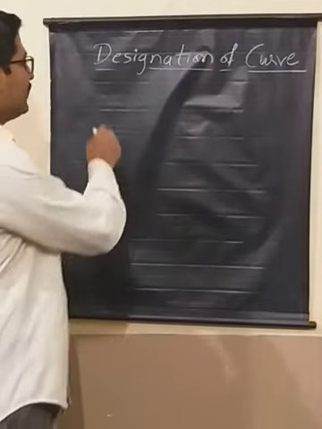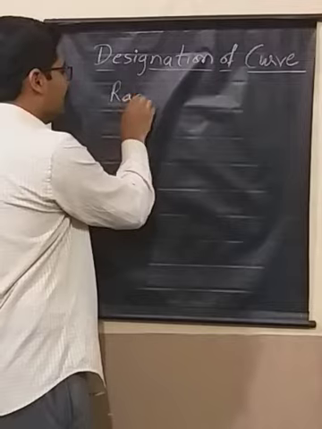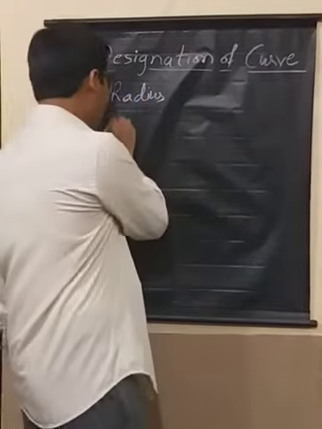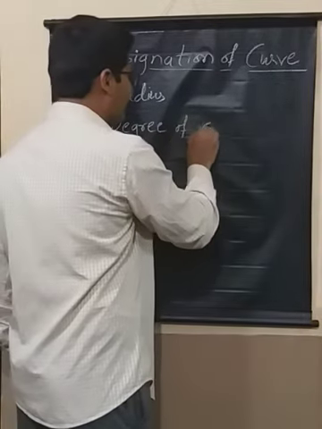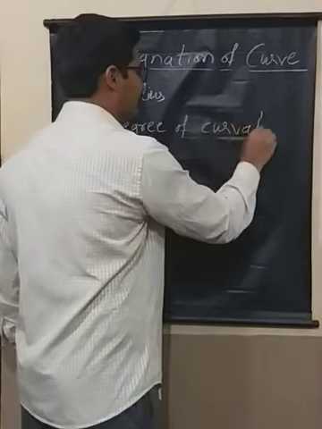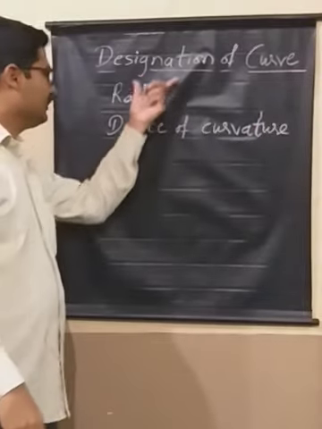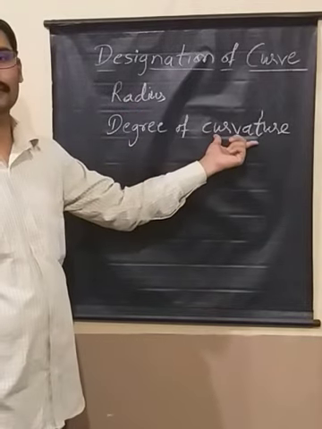We recognize the curve in two ways, either by its radius or by degree of curvature. So we will either call the curve by its radius or by its degree of curvature.